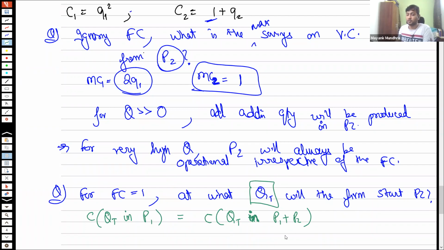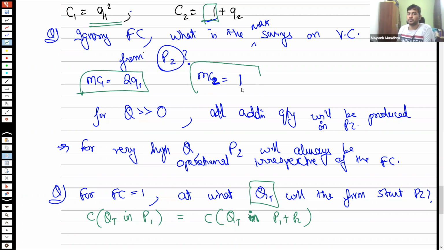Can anybody tell me why, even when I am willing to pay this fixed cost, I would keep running plant 1? Look at the marginal cost values. That will give you the answer. Why do I keep running plant 1 even when I've started plant 2?